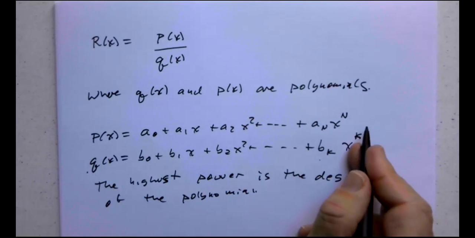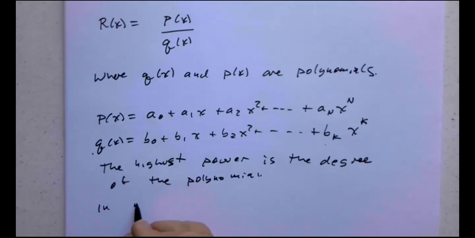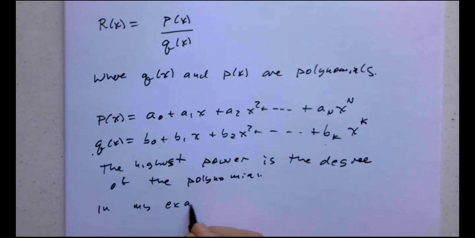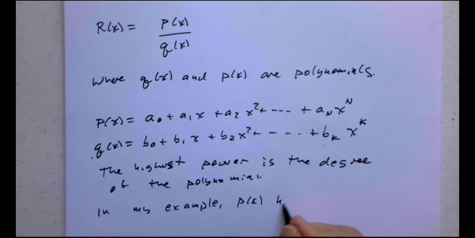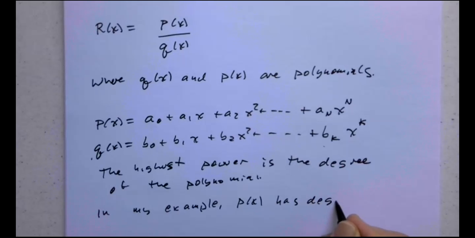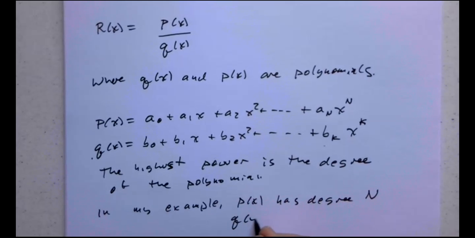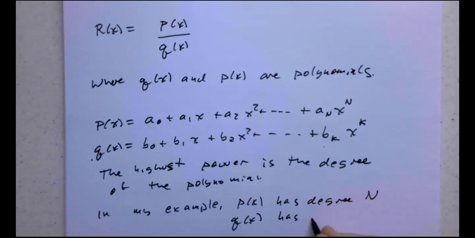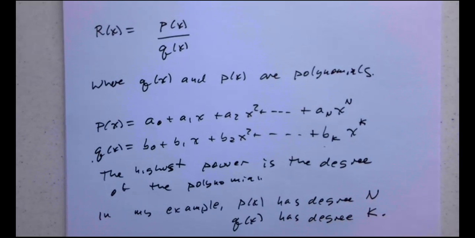So in my example, P has degree n and Q has degree k. It is the degrees that tell us things about horizontal asymptotes. So if we go back and look at the question, what does it say?